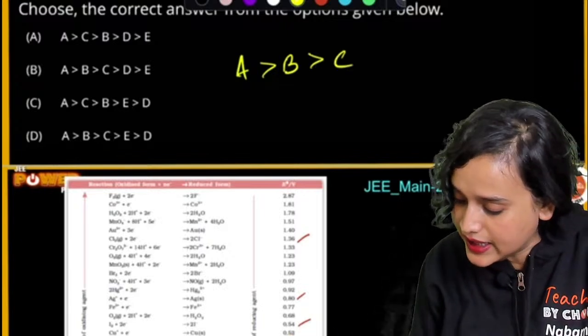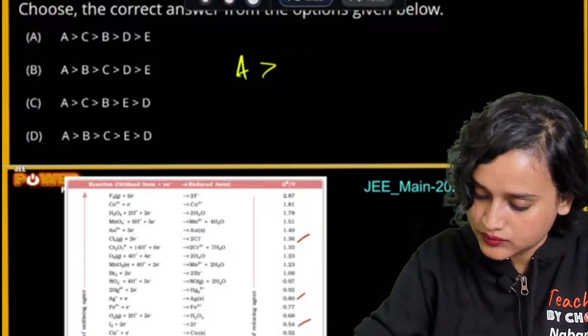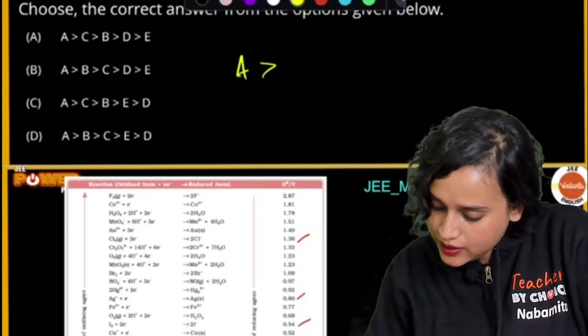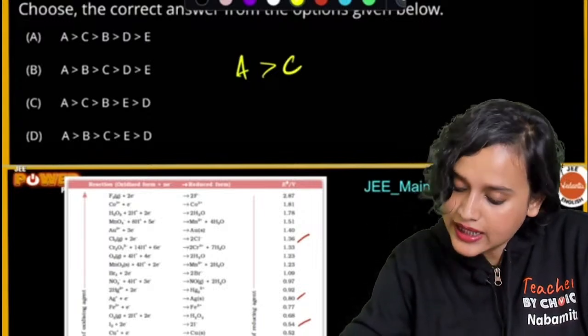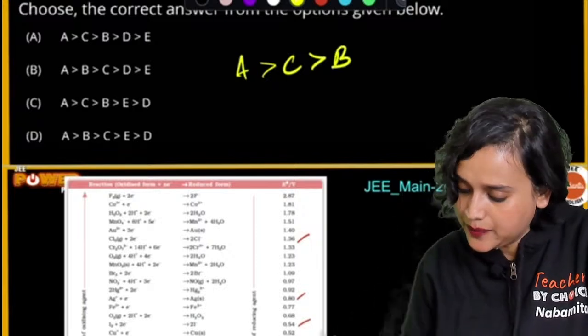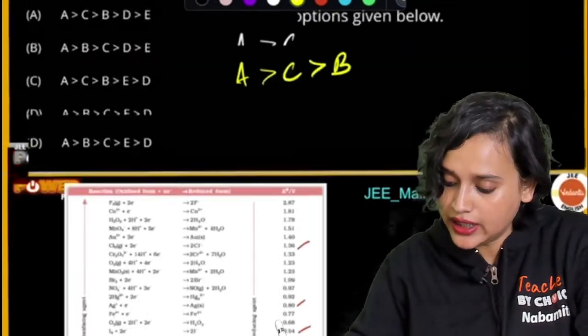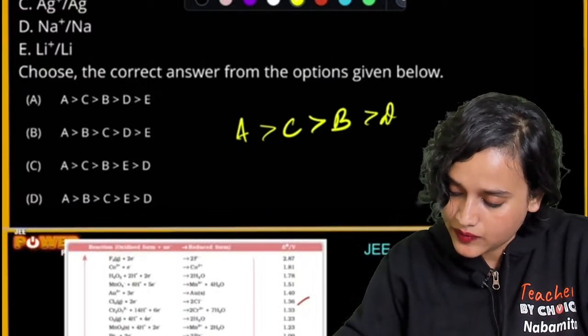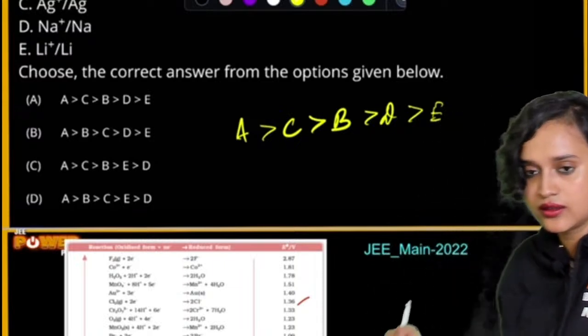That is greater than C. Or no? 0.54 is for C, wait. A, then C, then B, and then what do you have? Then you have D and E.